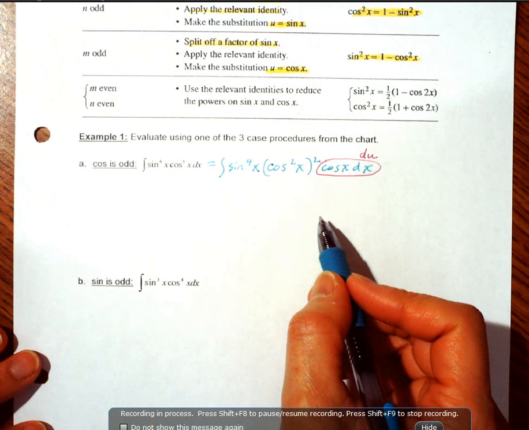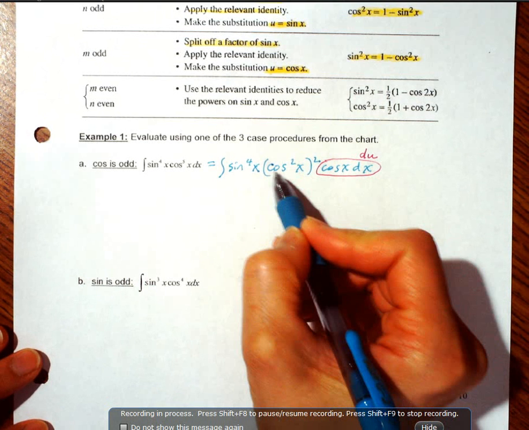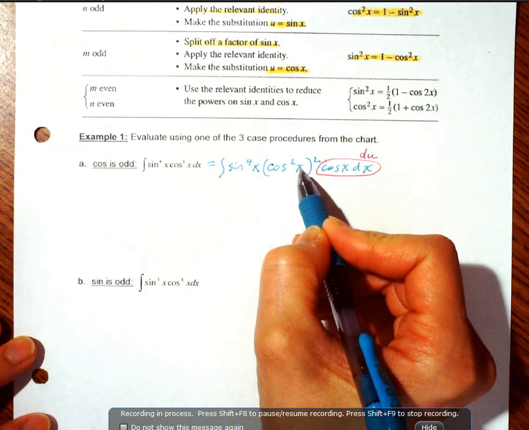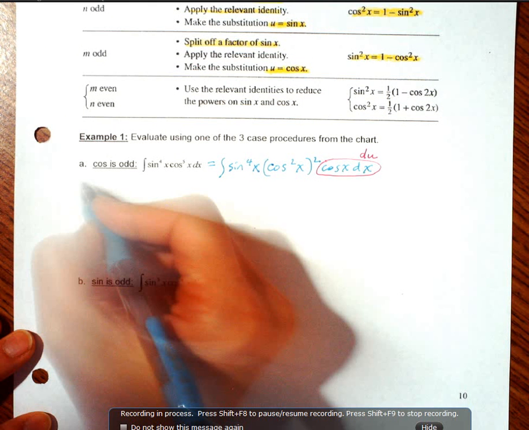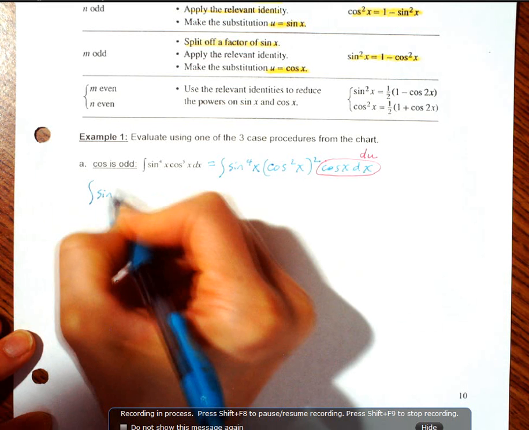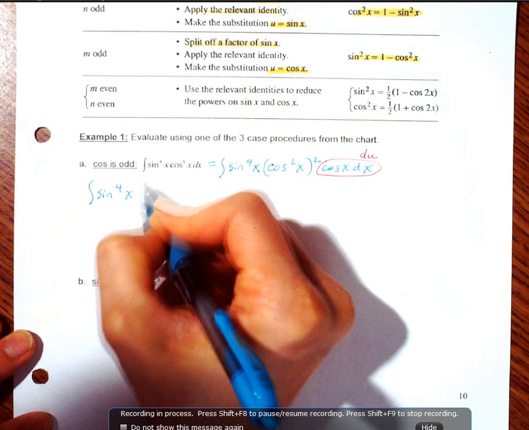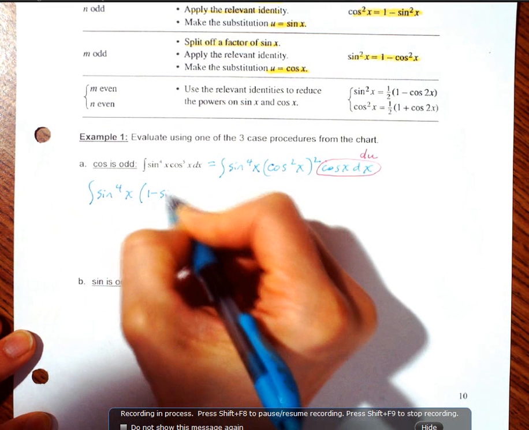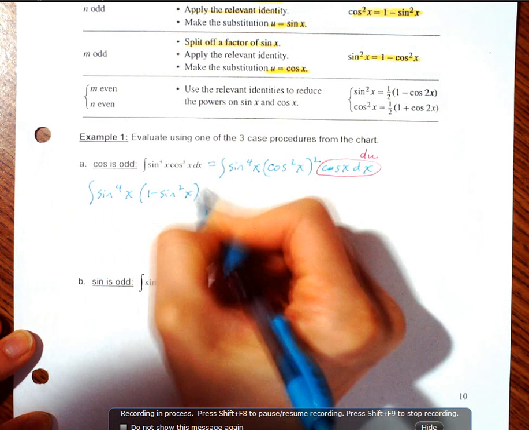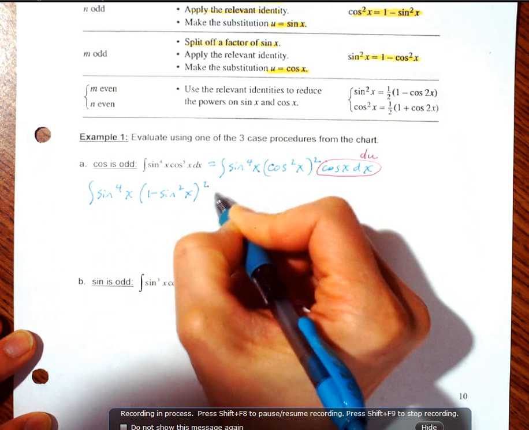Now I'm going to replace the cosine squared x using the Pythagorean identity, and it's going to be written as the integral of sine to the fourth x times 1 minus sine squared x, squared, times cosine of x dx.